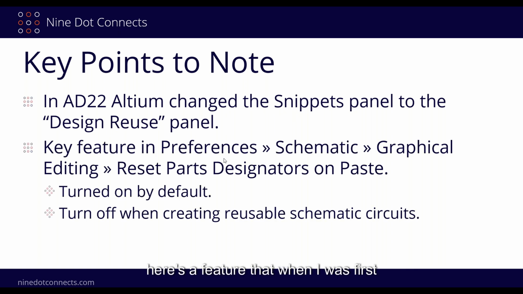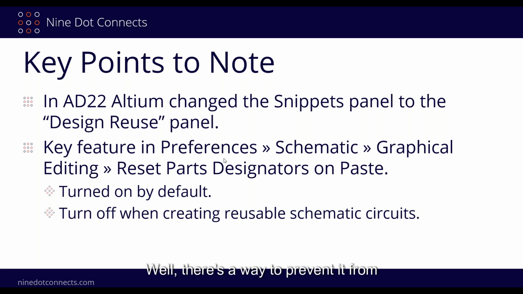And then here's a feature that when I was first putting this together, I was pulling my hair out because when you're working with snippets and the design reuse blocks, you're trying to maintain some level of connectivity between the schematic side and the PCB side. Most of you probably know that by default, if you copy something in Altium, especially if it's got components in it, and it's got designators, and you've already set those designators up, then when you paste it, it resets them.